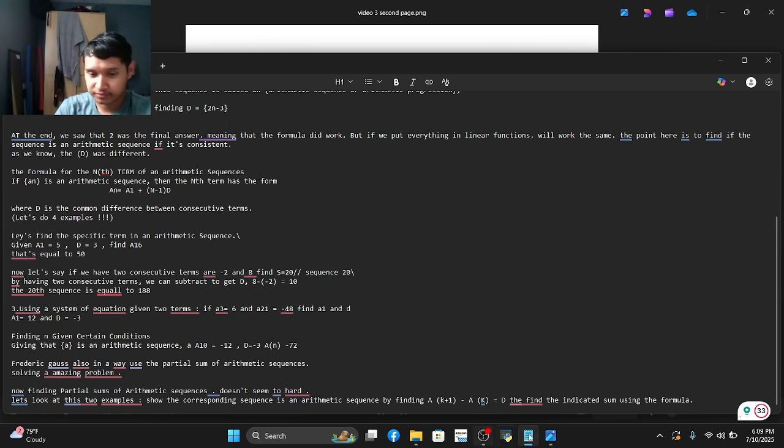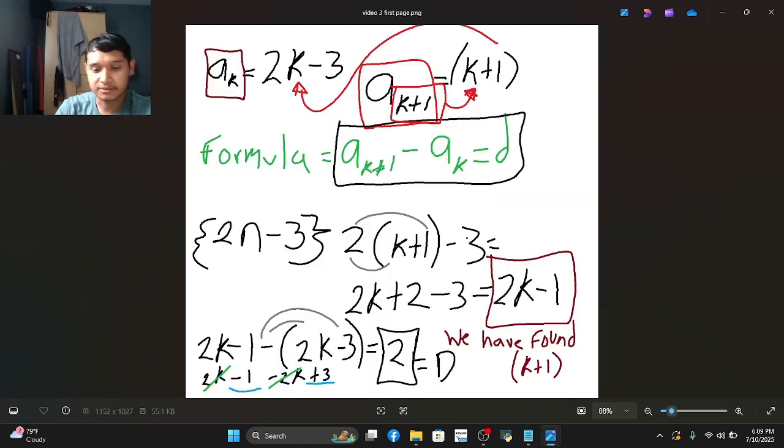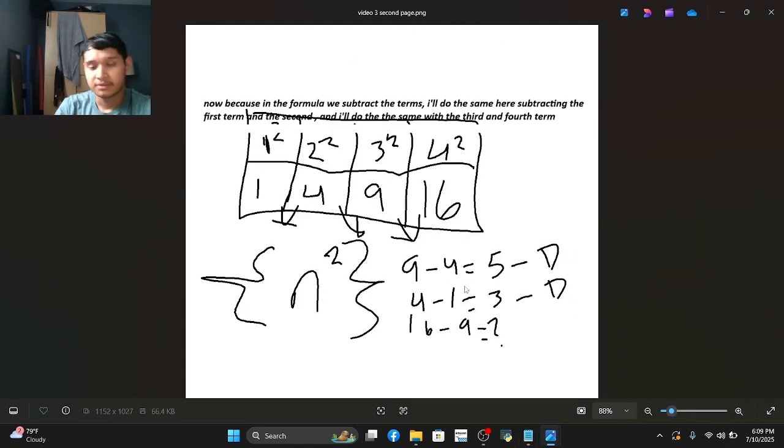Okay, so as we can see here, we have 9 minus 4 is equal to 5, the d. But if we do it with other terms, because we want to see if it's a straight line or if it has a pattern, 4 minus 1 gives us 3.